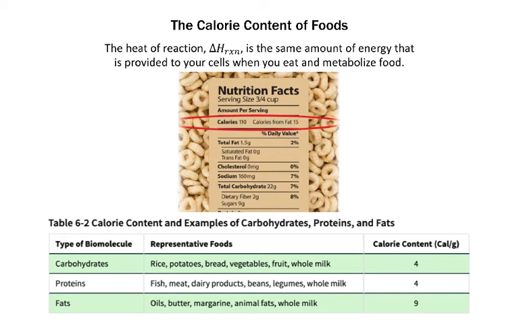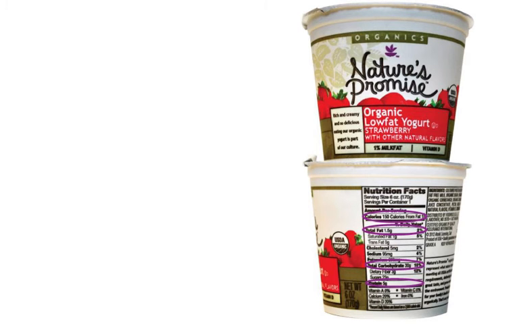And so if you look at a nutrition label here again, we can see total calories in this example, and you can do this for anything that you find in your pantry. We have 150 total calories, and I have 1.5 grams of fat.